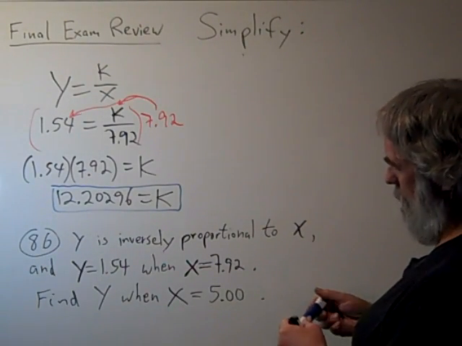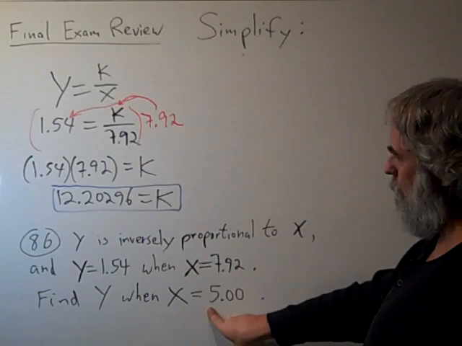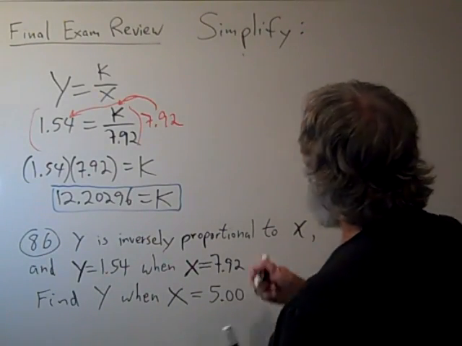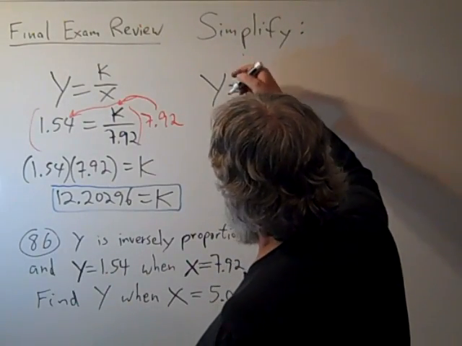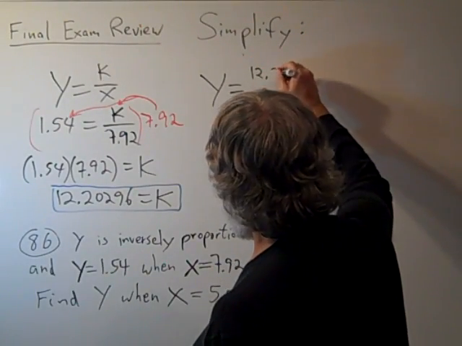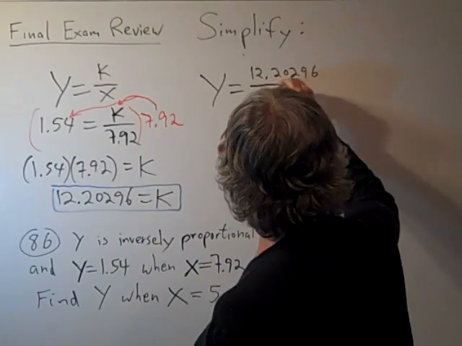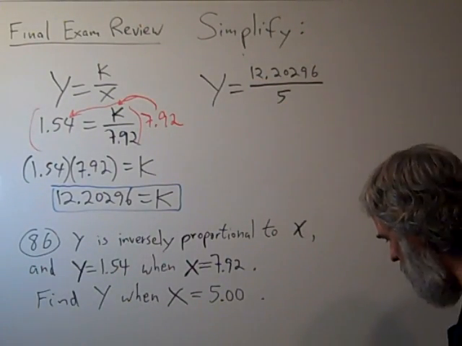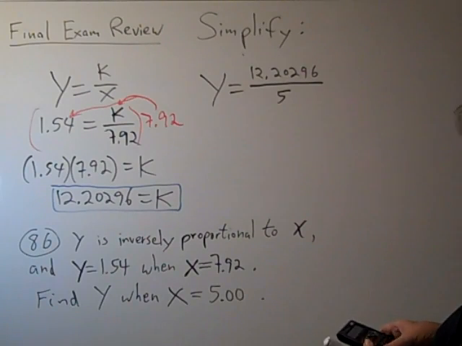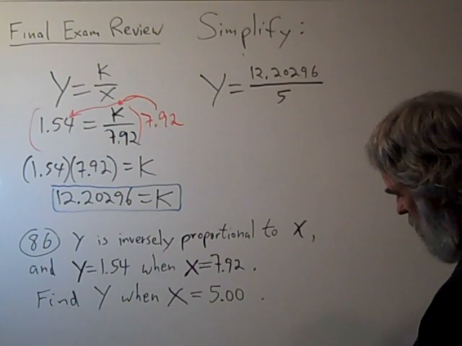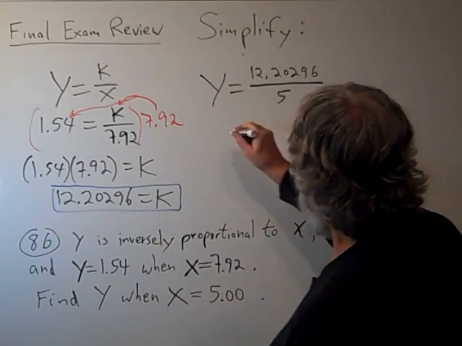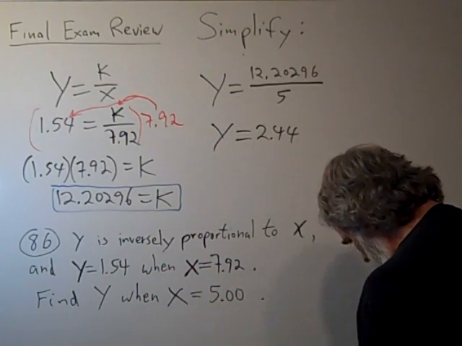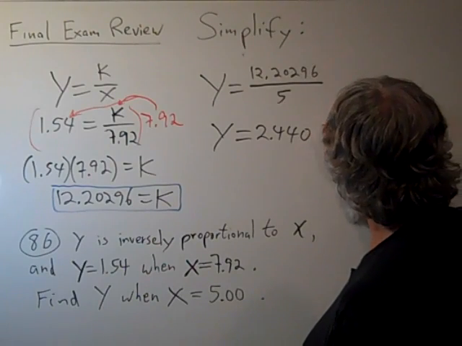Okay, so now we can answer the question, what is y when x is 5 in this case? And so we get that y is equal to k, this value 12.20296 divided by x is 5, and 12.20296 divided by 5, and we get 2.440592.